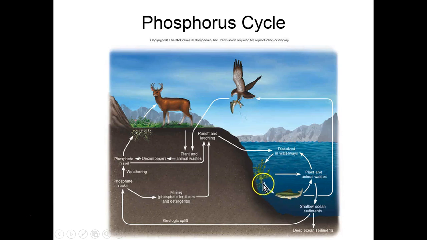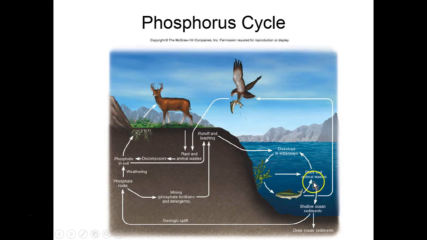Then other organisms eat those photosynthetic organisms, which are autotrophs, right? Other organisms eat them, and then the phosphorus goes into those other organisms. Those organisms get eaten by other things, and so on and so forth, and so the phosphorus basically gets passed around. Additionally, some of the phosphorus is excreted as waste and feces.